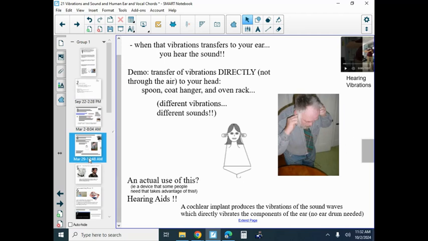In fact, someone that has a perforated eardrum from either using Q-tips a little too aggressively, or sometimes in really loud situations, if your eardrum has perforated, you're basically deaf, you can't hear well at all. But this would transfer sound directly to your brain, to your anatomy of the ear that we'll learn about shortly. So pretty neat stuff.